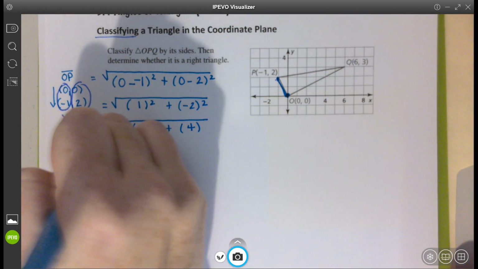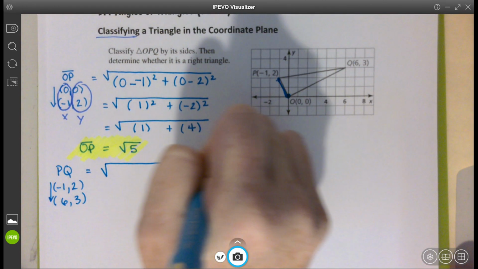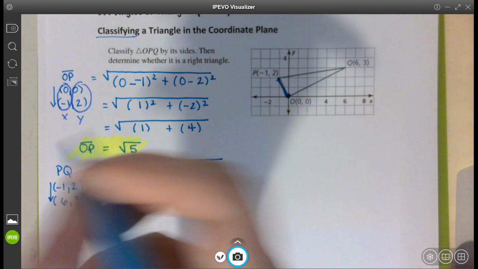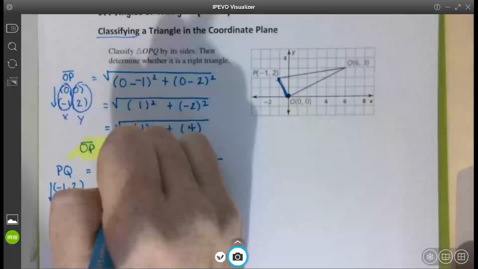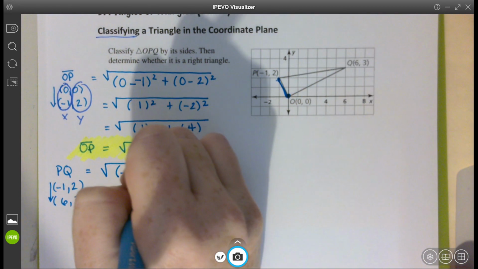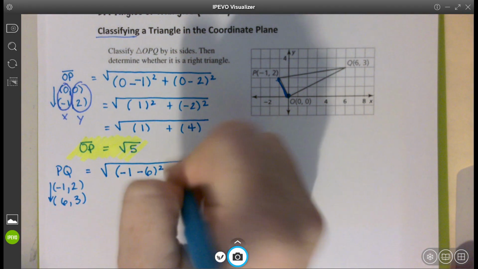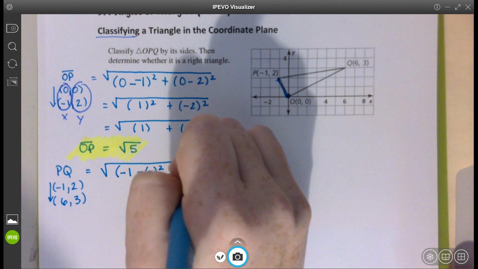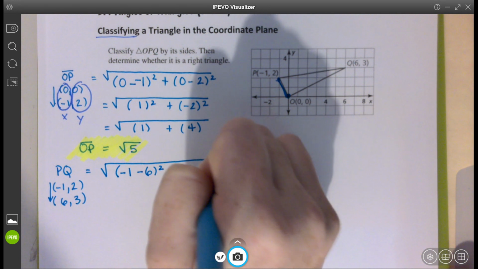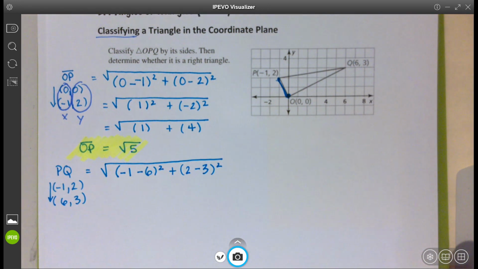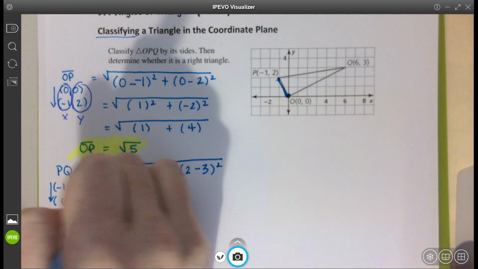All right, so here is my distance formula. Here's that square root. And when I plug in, I'm going to have -1 minus 6 squared plus 2 minus 3 squared. That is my setup. And now I'm going to simplify like I did in my previous distance formula.